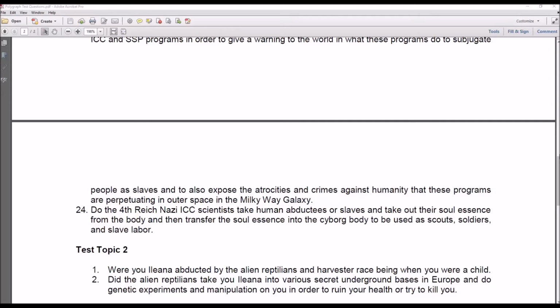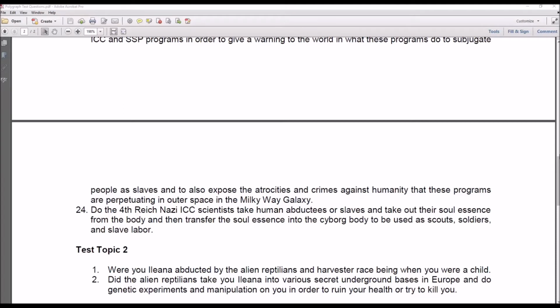So they have that ability to do that, and they've been doing it for numerous years on the Mars ICC base labs. There are some German scientists working on the ICC Mars basis, and there's also scientists and personnel that are American and from other countries. So it's a blend of different scientists and personnel.